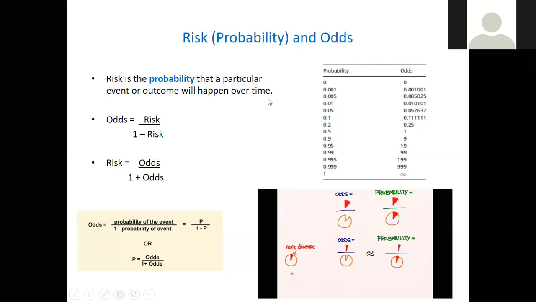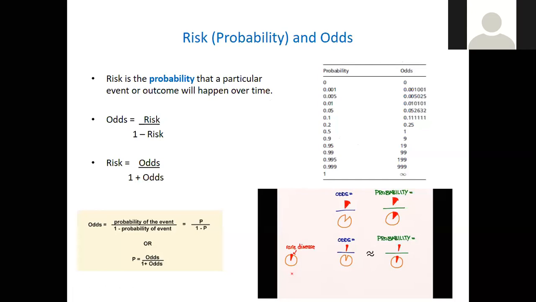You will see, look at this table now. When probability is 0, odds is 0. When probability is a little greater than 0, odds is greater than the probability, but the distance is not far. But as the probability increases, the difference between the probability value and the odds increases also.